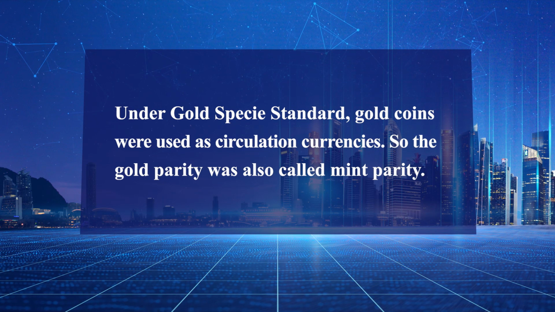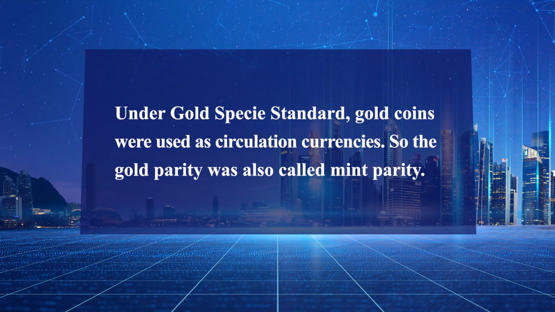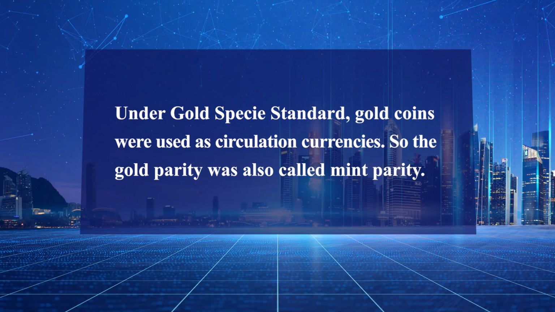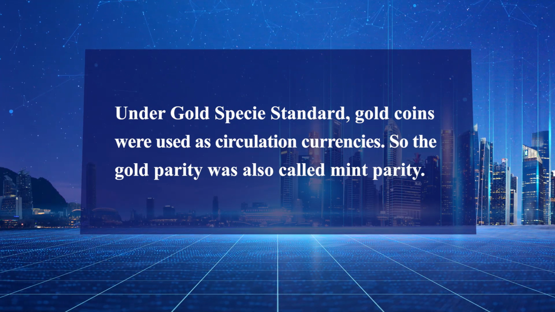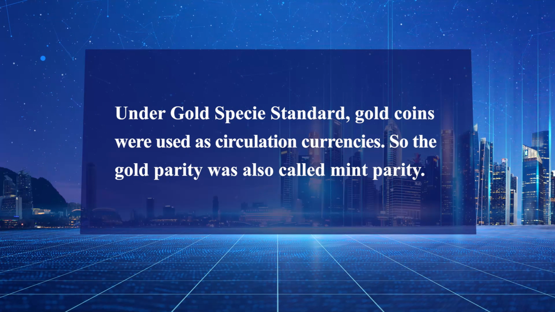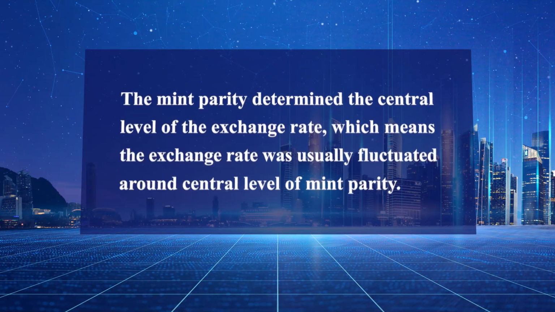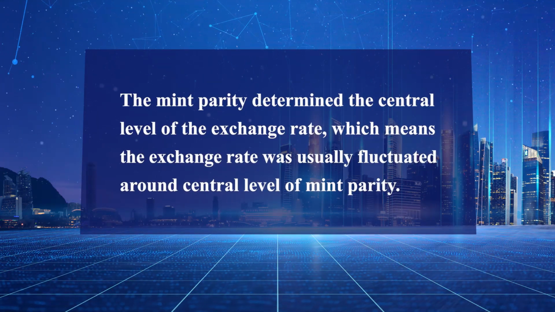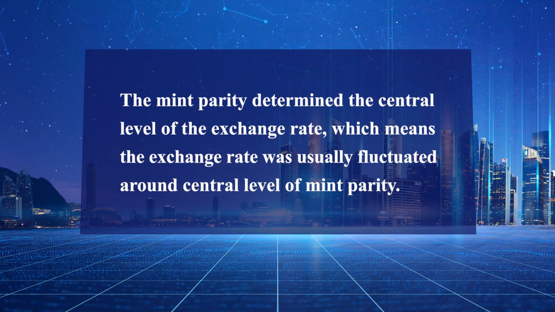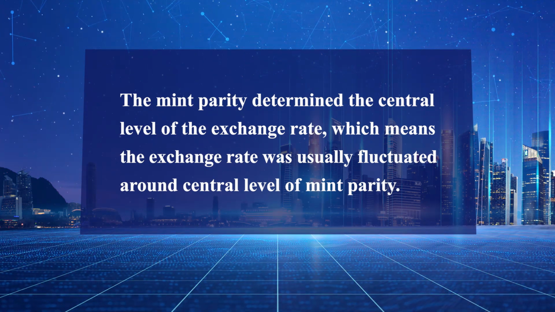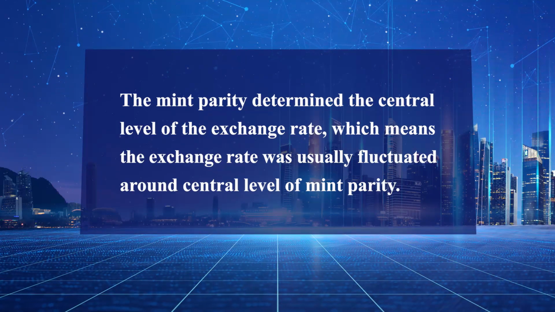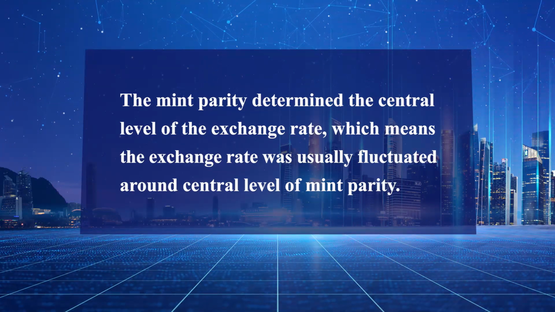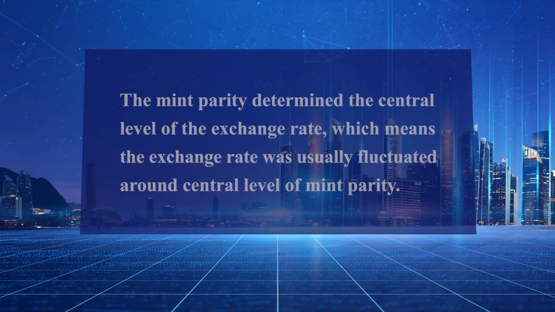Under the gold specie standard, gold coins were used as circulation currencies, so the gold parity was called mint parity. The mint parity determined the central level of the exchange rates, which means the exchange rate usually fluctuated around the central level of mint parity.